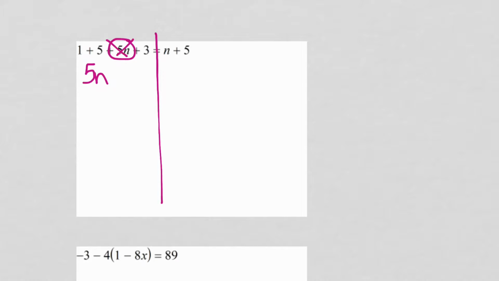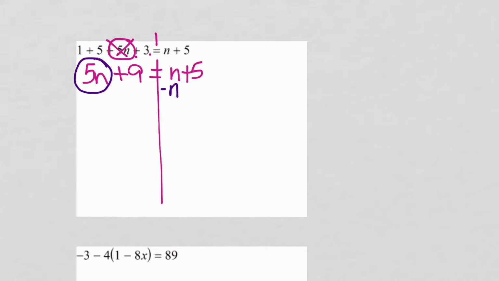It's gone, so I just read it across. What's 1 plus 5 plus 3? 1 plus 5 is 6, plus 3 is 9. So I can simplify all that to say that. And then I got to bring down this because I can't combine anything there. I want to get all my n's on this side. So how do I get a positive n to walk across the equal sign?